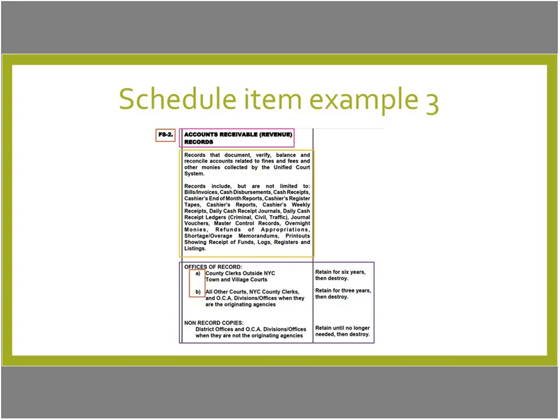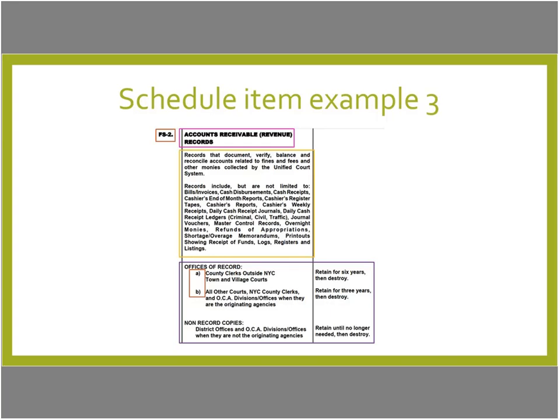So if you look here, you can see that for offices of record where you have people holding record copies, these include county clerks outside of New York City and town and village courts. So it includes you folks. You have to retain these for 6 years and then you can destroy. However, it's not just that simple.